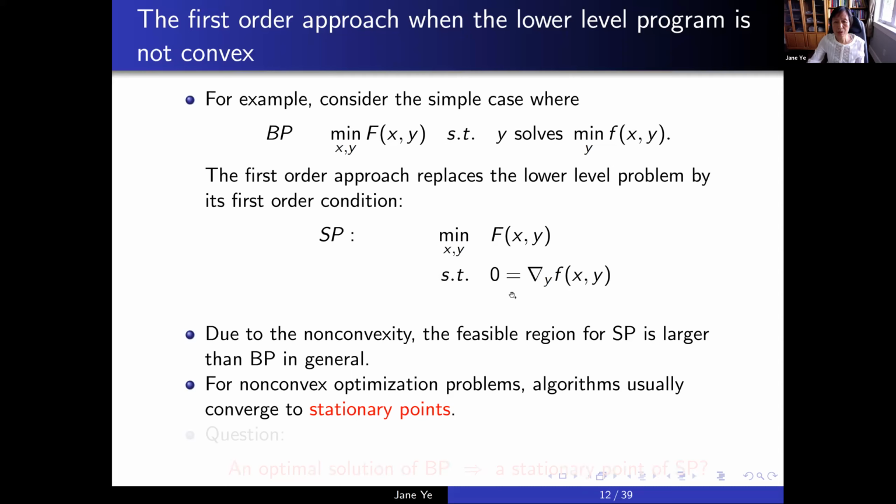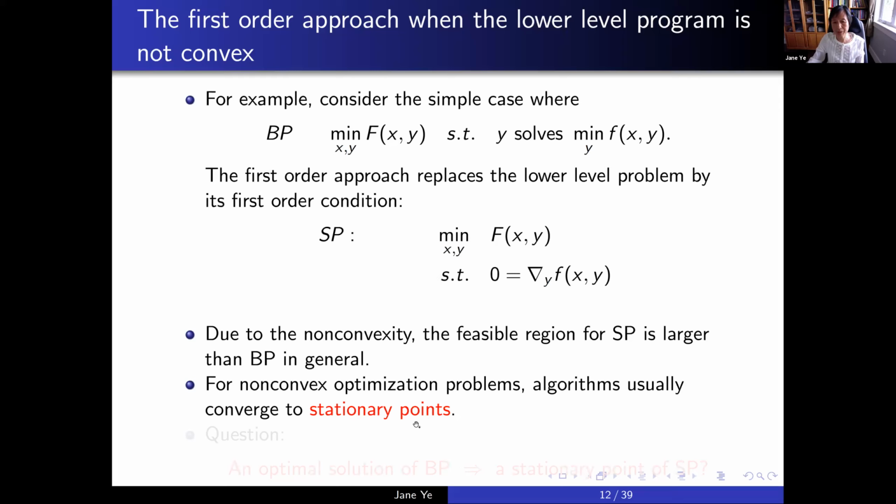Okay, so another question is, can we use this problem to get some candidates for the solution of the bilevel problem? Well, for non-convex optimization problems, we are only happy if we can find a stationary point, right?